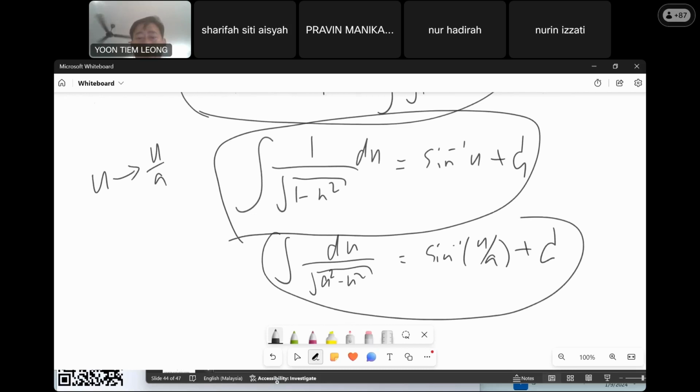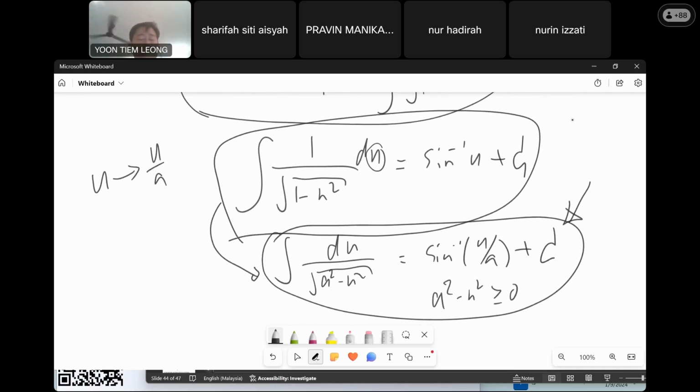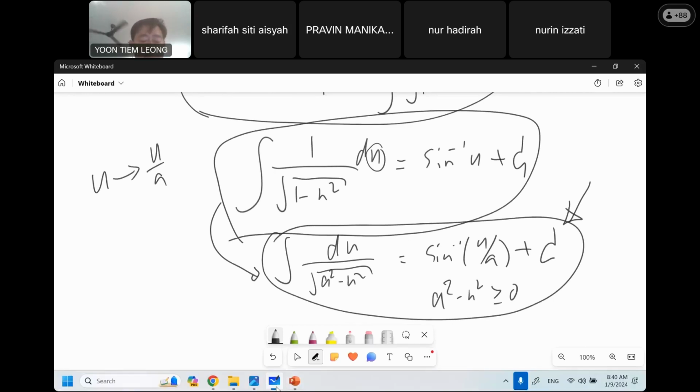You're able to show this from this relationship by replacing u by u over a. So that is the integration formula that involves 1 over square root of a squared minus u squared. But here the condition is that a squared minus u squared must be a positive number. Okay, so that is the derivation of the formula 7.41.